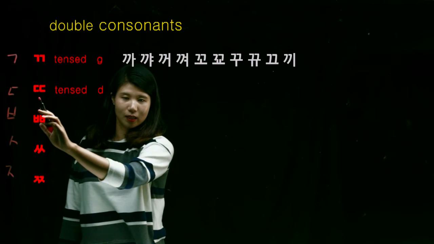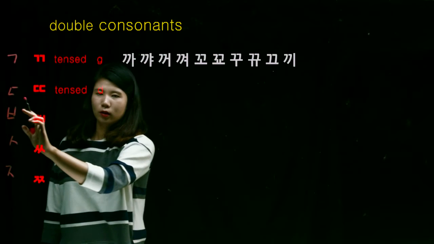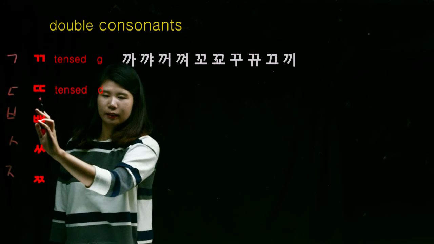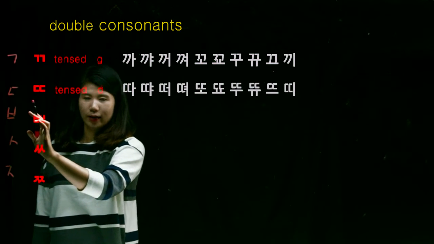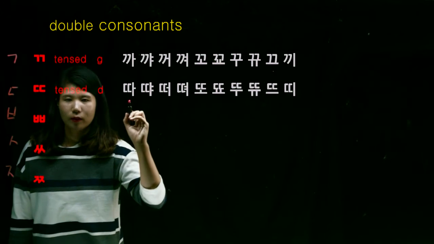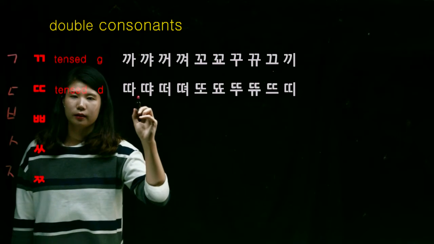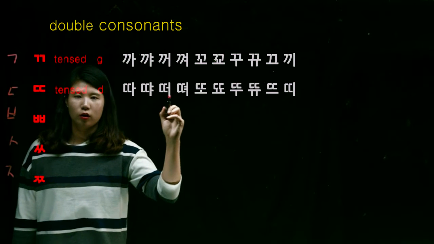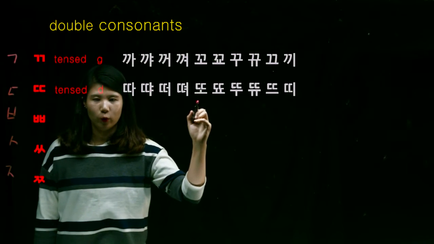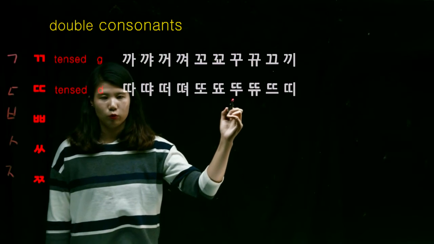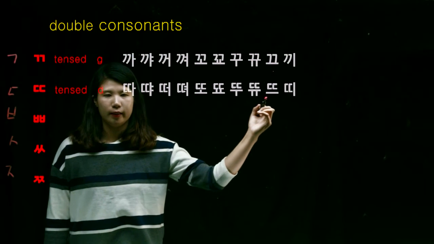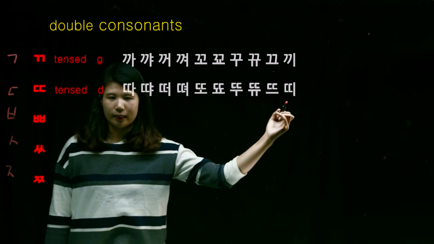It would be d. So d and d. This is 쌍디귿, okay? So it would be 따, 땨, 떠, 뗘, 또, 뚀, 뚜, 뜌, 뜨, and 띠.